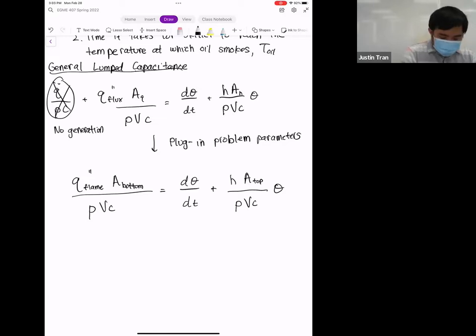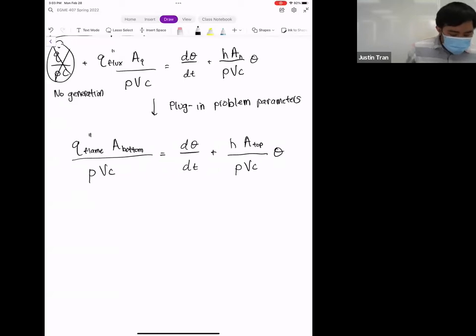All right. And so now we have this more specialized lump capacitance equation, which we can apply to this specific example. Okay. All right, and so now we need to actually solve this equation for theta.